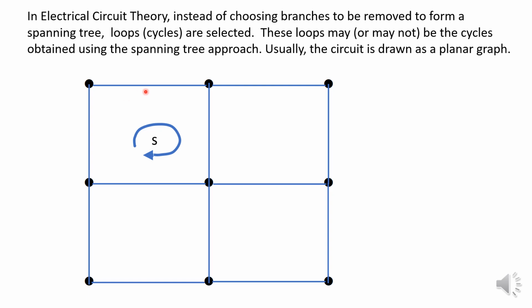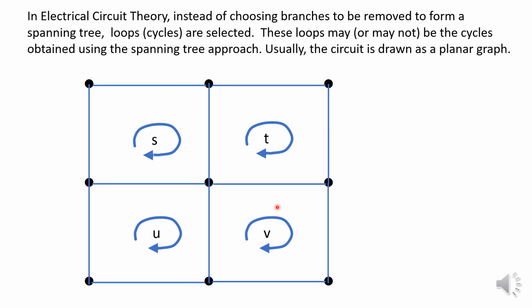So in this region you have this loop S. Here you have this loop. In this region you have this loop T. Along this cycle in the circuit you have this loop U, and along the cycle you have a loop V.